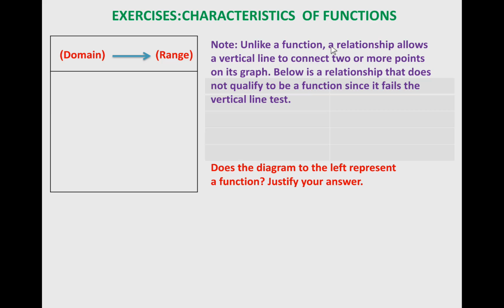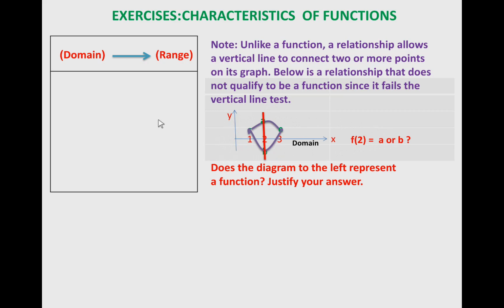Unlike a function, a relationship allows a vertical line to connect two or more points on the graph. Below is a relationship that does not qualify to be a function since it fails the vertical line test. We've gone through this example, so I'm not going to waste time on it. You can go back to the previous slide to check it.